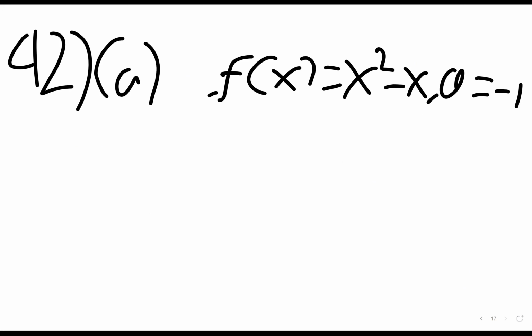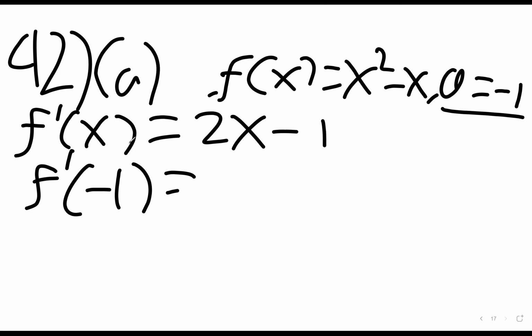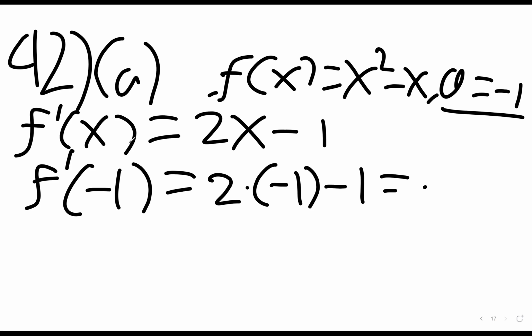The derivative f prime of x is obviously 2x minus 1. Then substitute a equals -1. So f prime of -1 equals 2 multiplied by -1 minus 1, that will be -3. f prime of -1 equals -3.